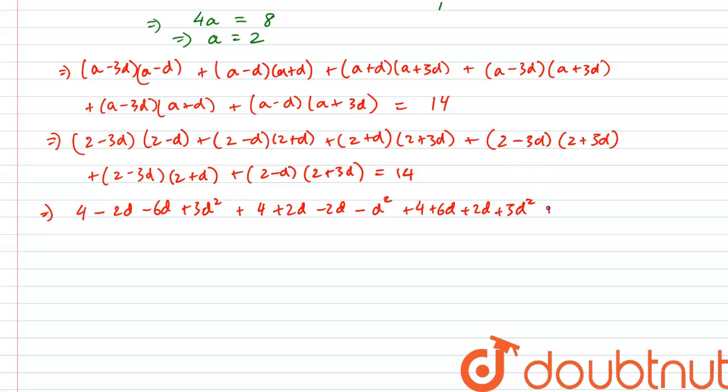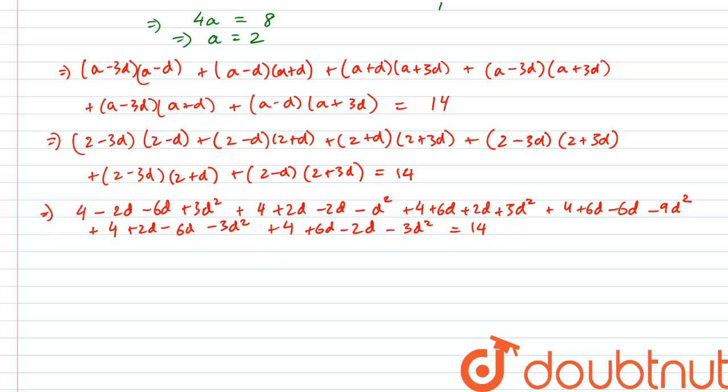From this bracket we'll have 4 then plus 6D and then minus 6D and then minus 9D squared. From these two brackets we will have 4 plus 2D minus 6D then minus 3D squared, and from these two we will have 4 and then plus 6D and then minus 2D and then minus 3D squared. This is equal to 14.